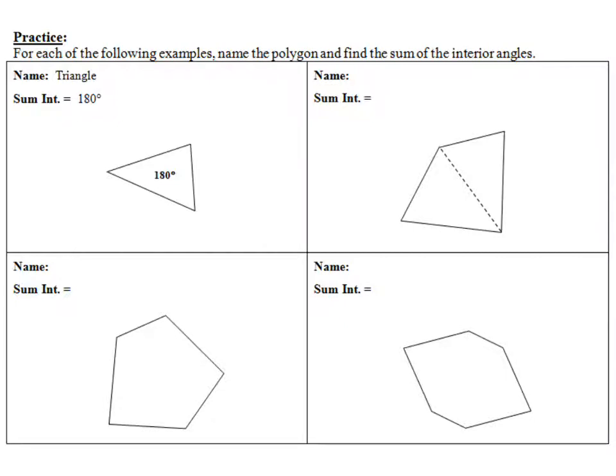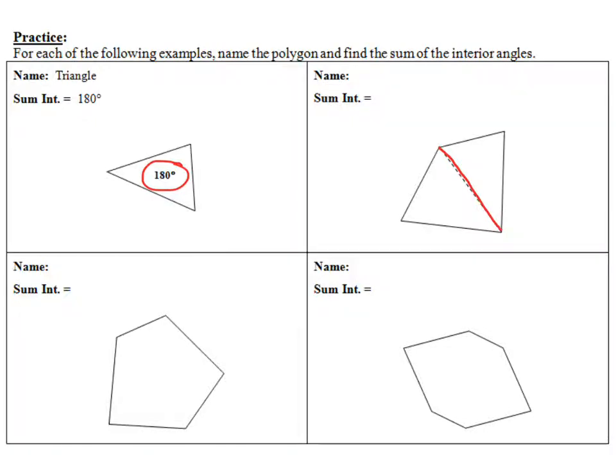For the first one, the triangle, there's only one triangle in a triangle, of course, and so therefore the sum of the interior angles is simply 180 degrees. For this next one, it's got 4 sides, so go ahead and write down the name for it. You can see that I've already divided it. This can be divided into just 2 triangles.